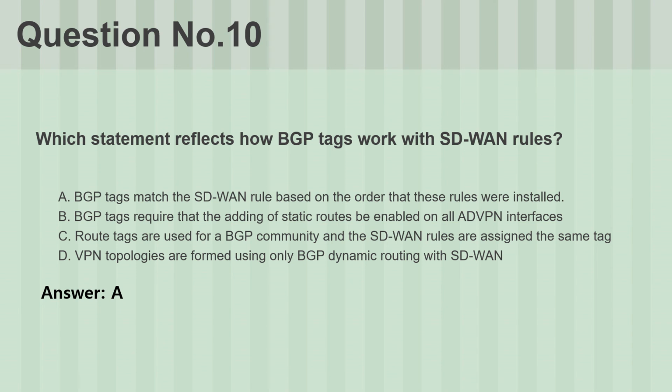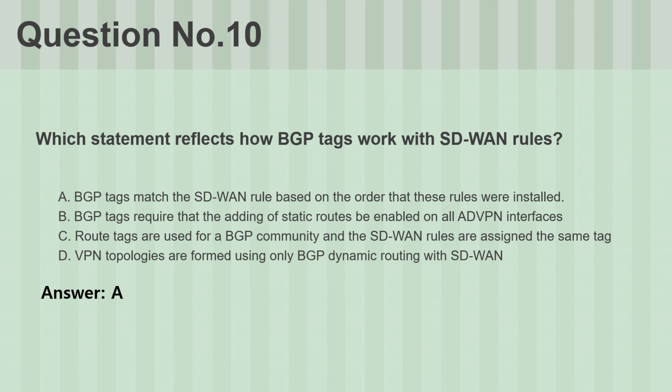Question number 10. Which statement reflects how BGP tags work with SD-WAN rules? A. BGP tags match the SD-WAN rule based on the order that these rules were installed. B. BGP tags require that the adding of static routes be enabled on all ADVPN interfaces.